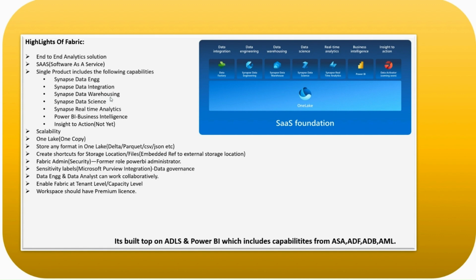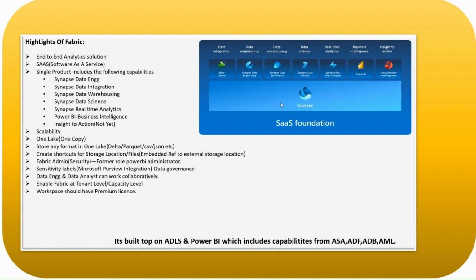That's where the beauty of Fabric comes. All these services share one storage called OneLake. So it is one copy of data, or one source of truth, which each and every service is going to utilize.